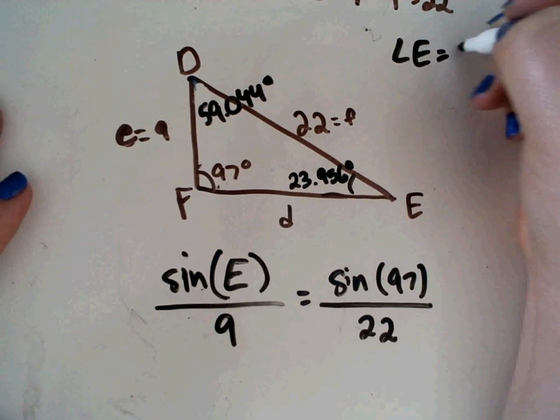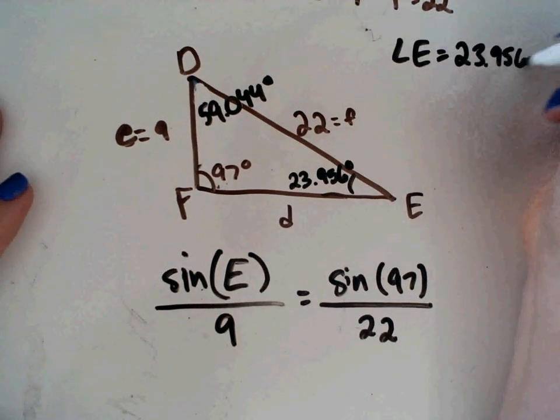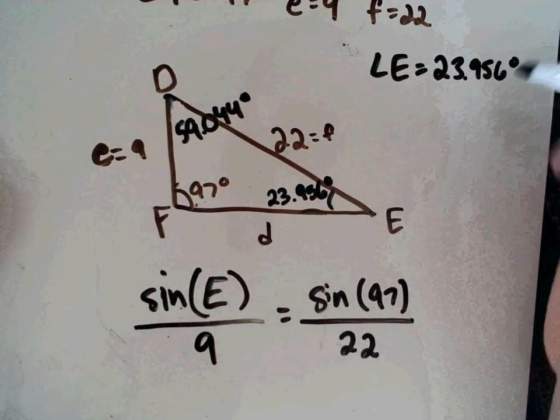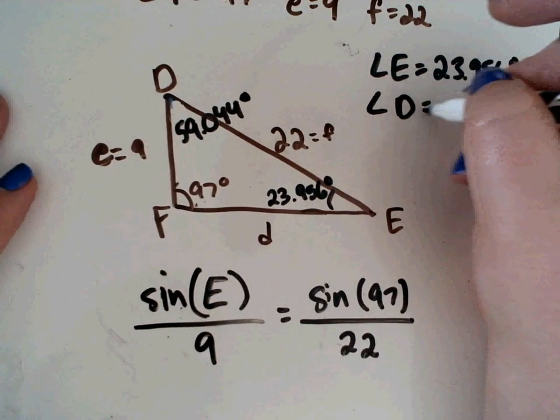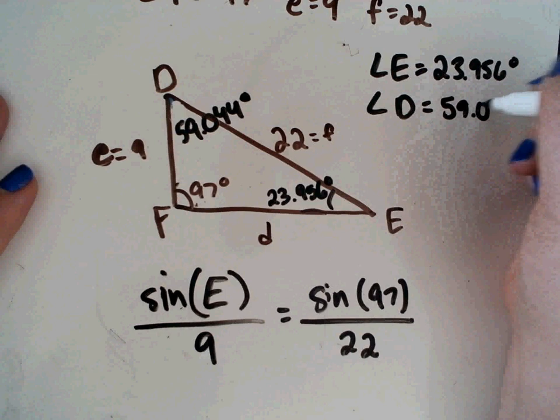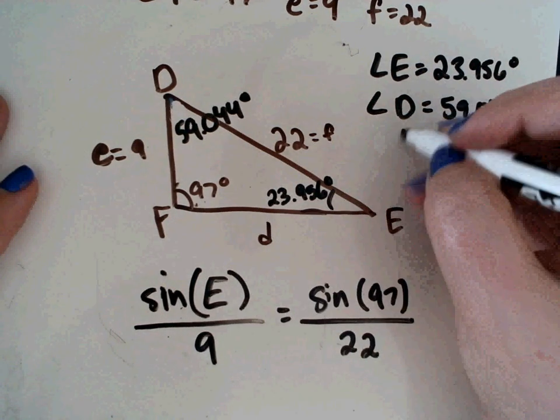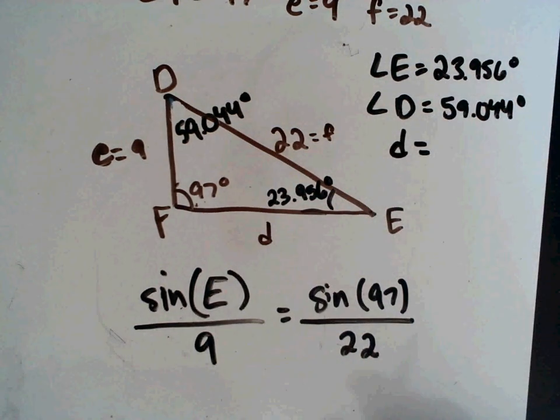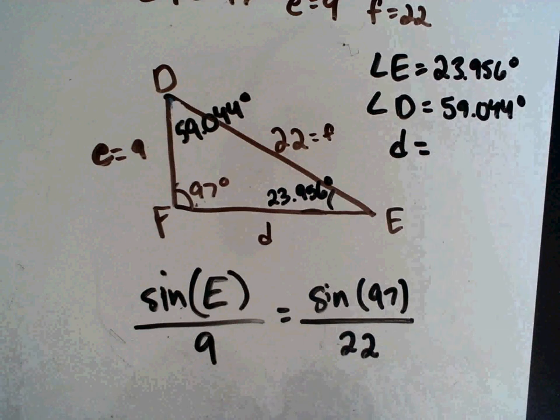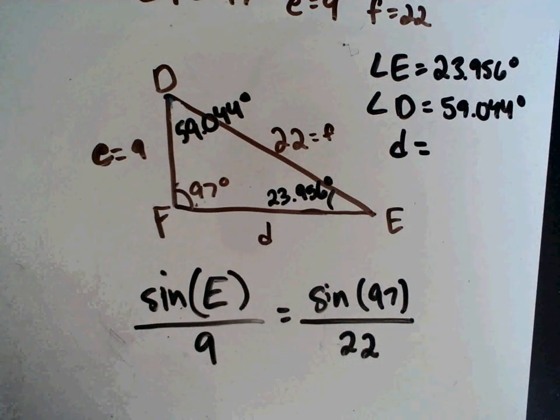I'm going to list this out real quick. Angle E is 23.956 degrees, angle D is 59.044 degrees, and the only other thing we need to find is side D.